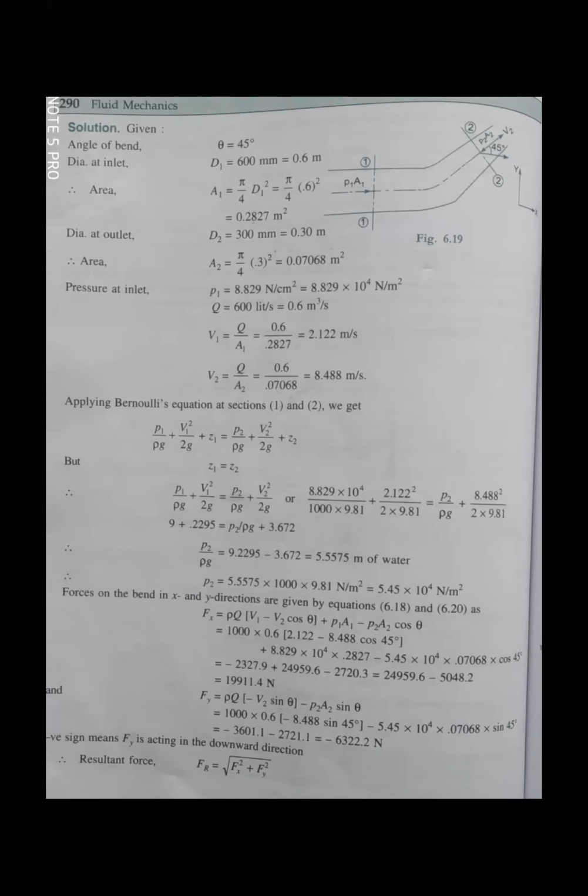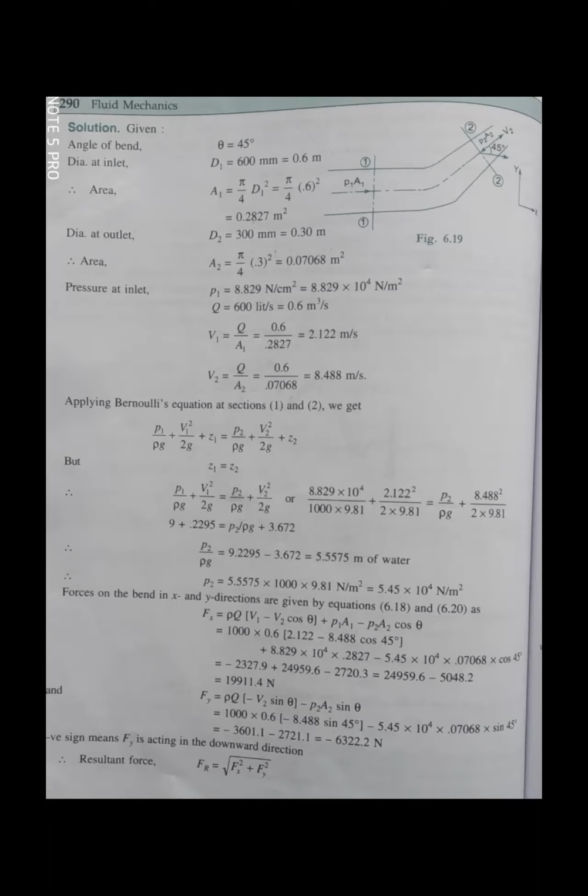If you write plus Fx, you have to call that it is the force exerted by the fluid on the bend, equal to the rate of change of momentum, which is rho Q into V2 cos theta minus V1. So here V2 cos theta is in the positive x direction and V1 is in the positive x direction. But why are we writing V2 cos theta minus V1?